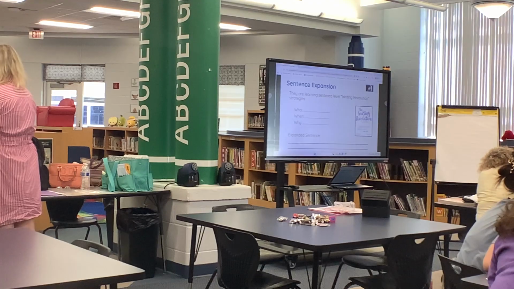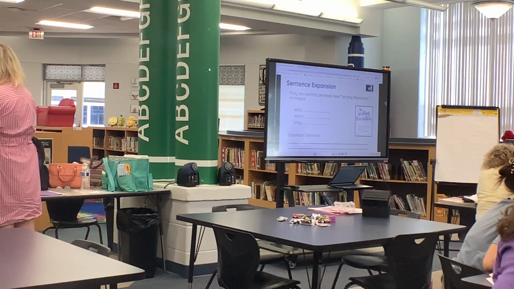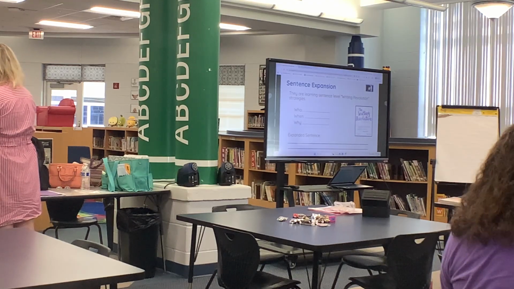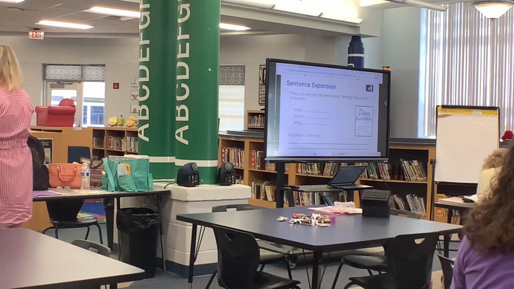Learning sentence level writing revolution strategies to strengthen our writing instruction.